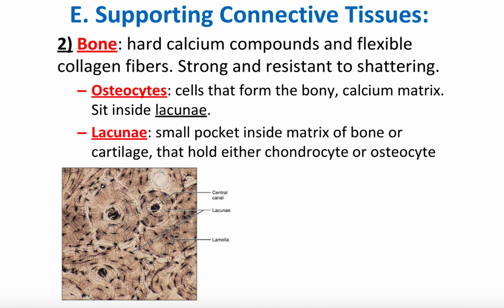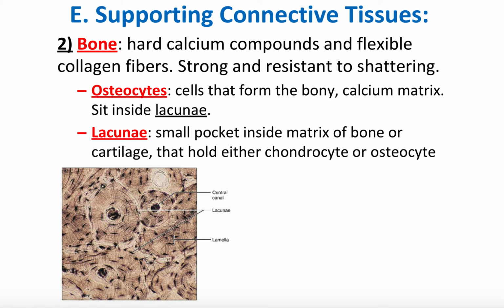All right, and now let's go into the last type of supporting connective tissue, which is bone. We're going to get a lot more into bone when we get to the skeletal unit. But basically, it's connective tissue that is a lot like cartilage, with cells in it that drop a lacunae, but the shape that the lake builds around each of these bone building cells makes a unique structure.